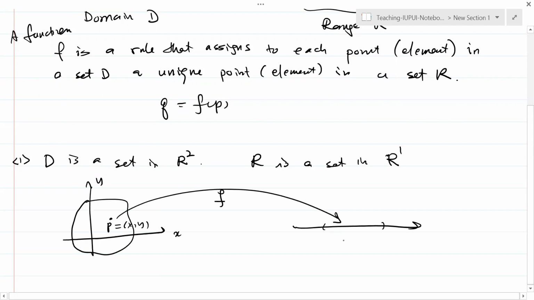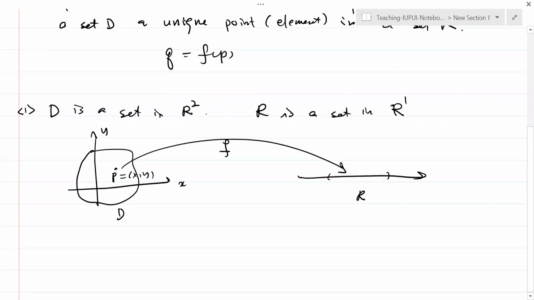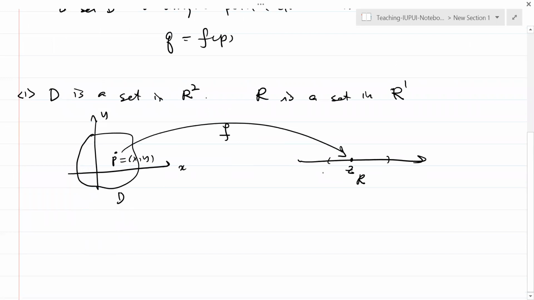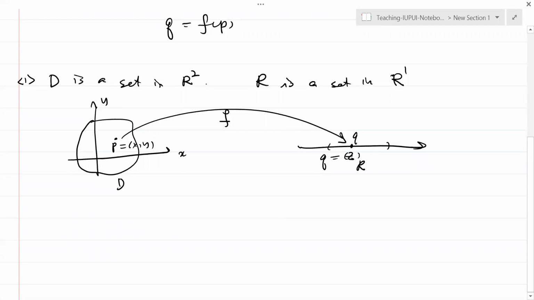This is D, this is my R. But you have to give me the formula to do that, right? The variable here is called Z, and let's call it the Z-axis. Then Q is a point with only one number for the coordinate, called Z.